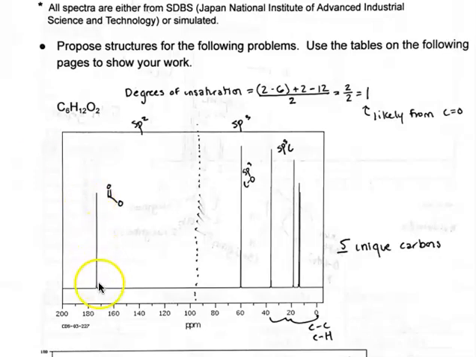So we'll start over here at 175 or so parts per million. This peak over here is within the sp2 area of the spectrum. The sp2 area sort of starts around 90, almost 100, and then goes up to about 200, whereas the sp3 is those smaller numbers.